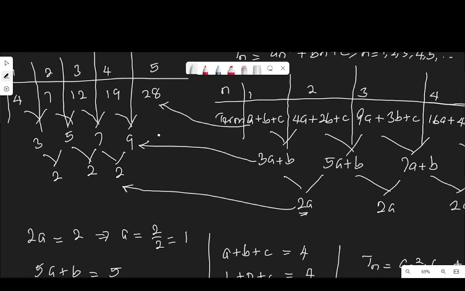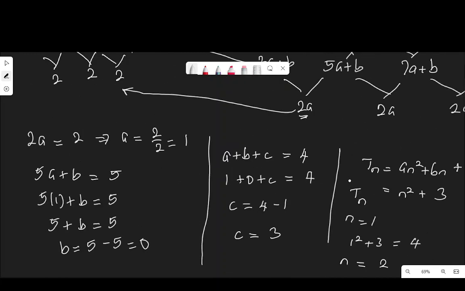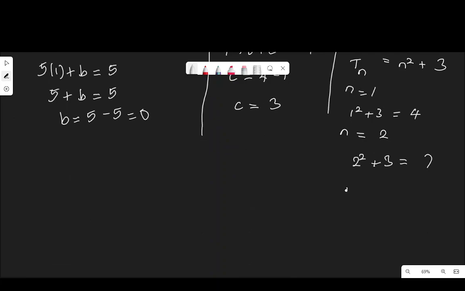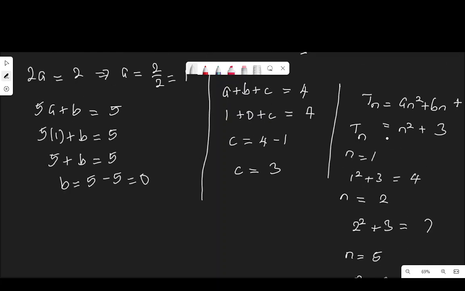Let me check it for the last term, 28, which is in position 5. So n equal to 5, we have 5 squared plus 3. 5 squared is 25, 25 plus 3 is 28. That means this formula is correct. Tn equal to n squared plus 3 is the nth term of that sequence.